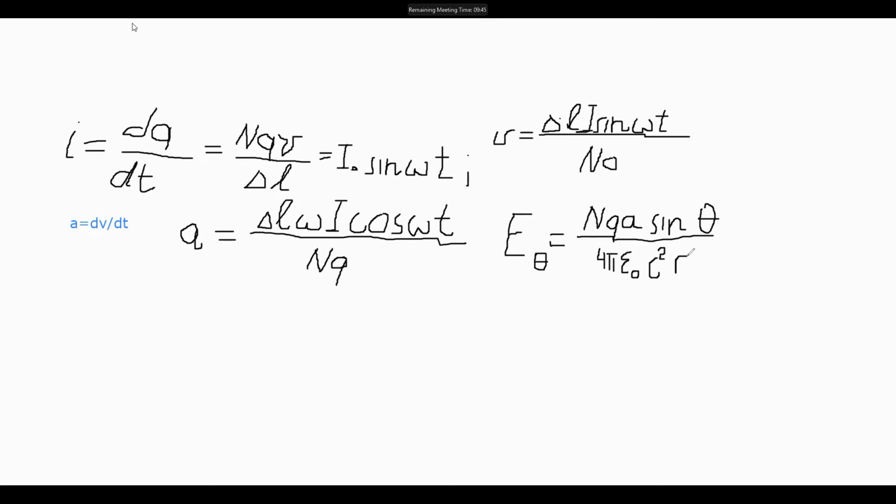So now we should insert this acceleration into here.